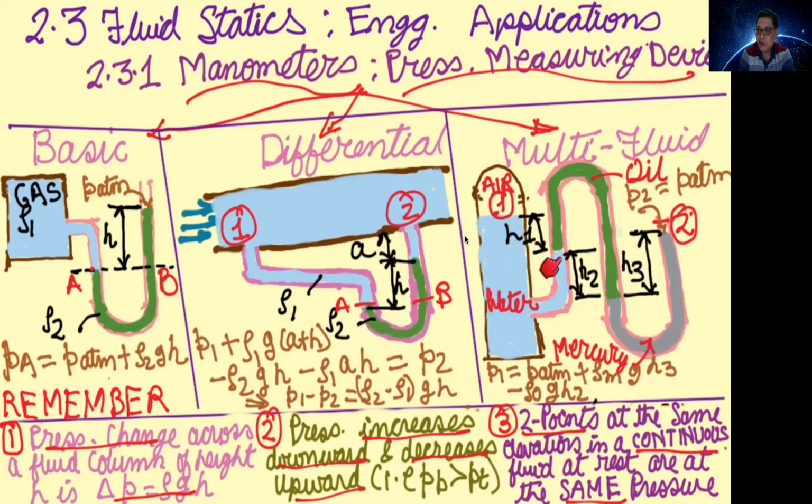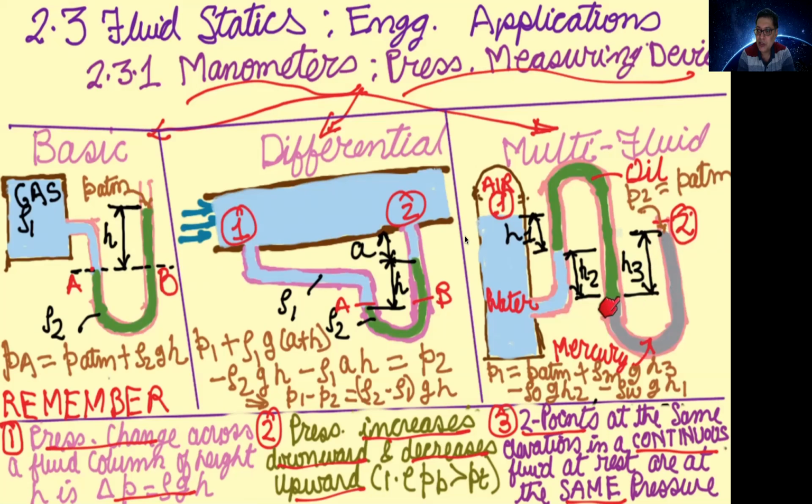Once you get a pressure here, finally you are interested in obtaining this P1, so you have to move up. The pressure here will be equal to the pressure here, and from here, in the water, you have to move upward. So it will be minus ρw g h1 as shown here. This way you obtain P1 from the atmospheric pressure. We started from here and obtained the pressure here.